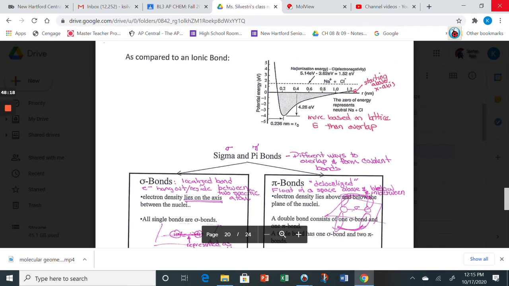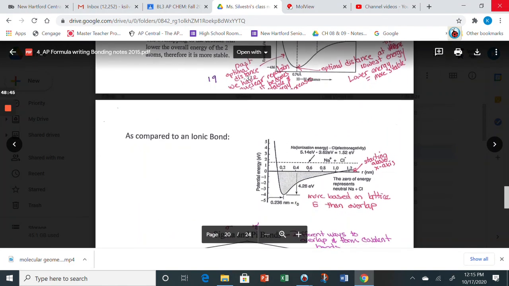Again, when you cross the axes, you're saying that there's neutrality, that the electrons stay around each atom the way you would find them as atoms alone in nature, although sodium will always be bound to something. And then as you get closer together, you have a potential energy that dips.